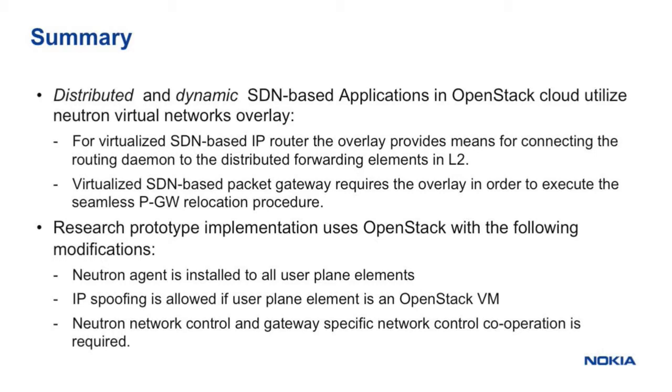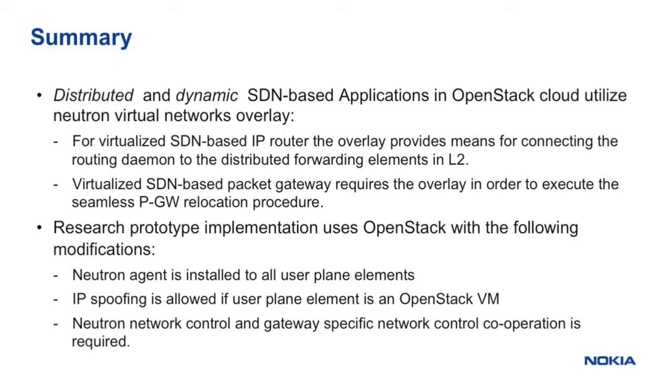So in summary, it can be said that distributed and dynamic SDN-based applications in the OpenStack cloud utilize the Neutron virtual networks overlay. For the virtualized SDN-based IP router, the overlay provides means for connecting the routing daemon to the distributed forwarding elements in layer 2. And for the packet gateway, the overlay gives the possibility to execute the seamless P-gateway relocation procedure.